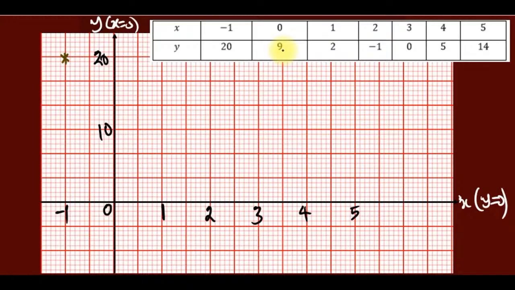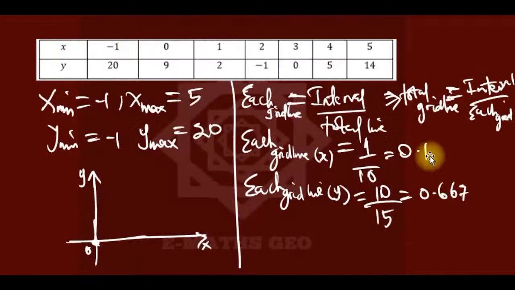When x is 0, y is 9. So to locate 9, I told you we now divide 9 by each of the grid line to y-axis. Each grid line to y-axis is 0.667. So if we do 9 over 0.667, this is equal to 13.4, so like 13.5 grid lines.